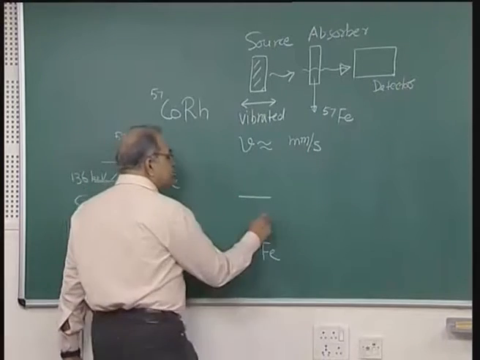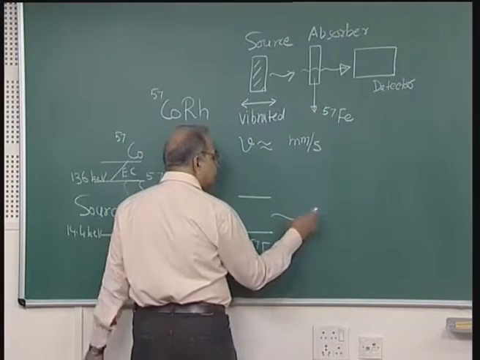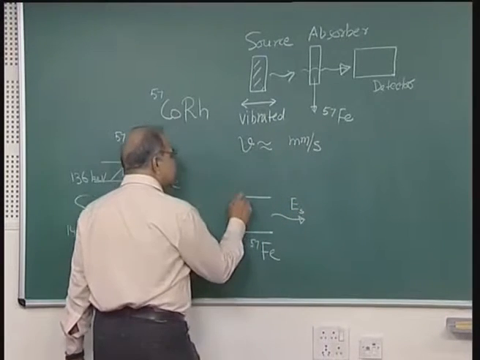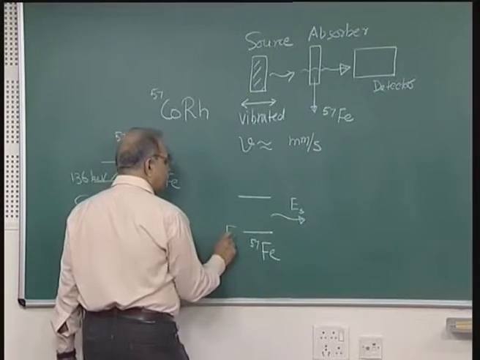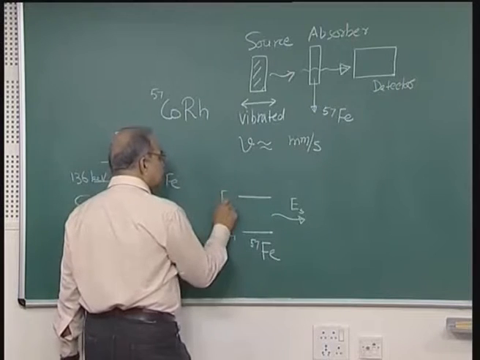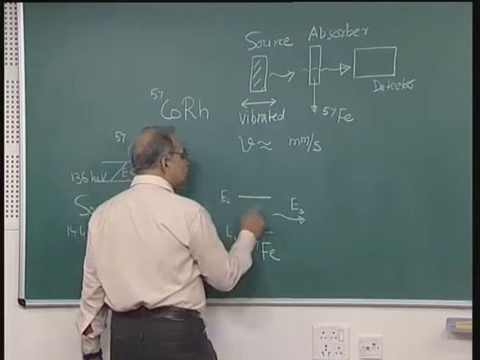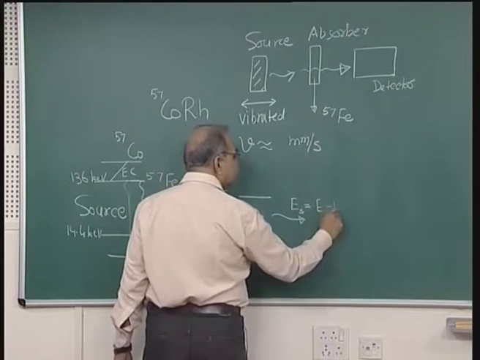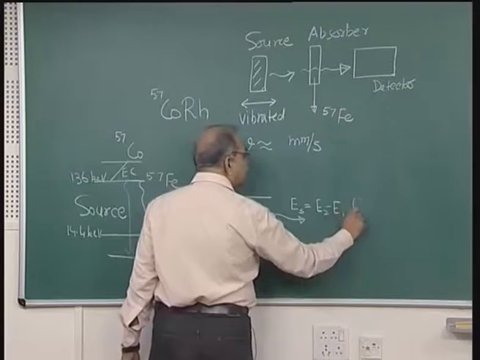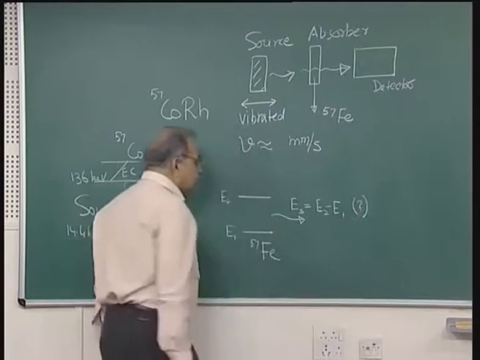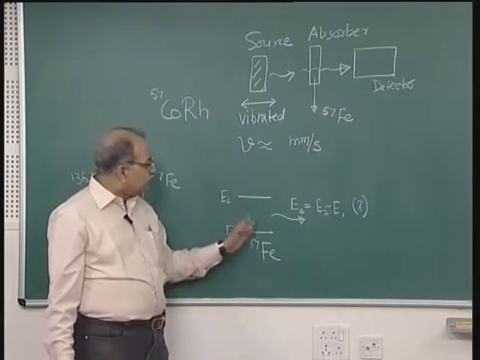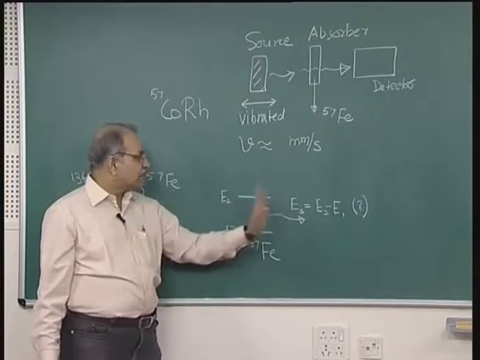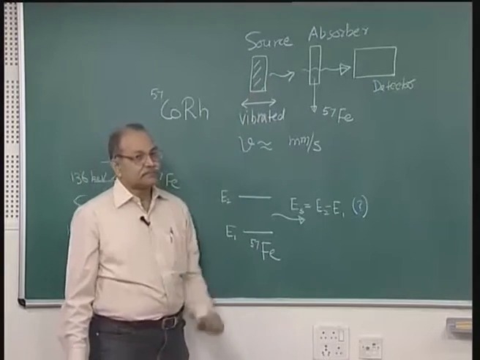So, it is giving me some kind of energies, and this energy, let us call it E s, if you call this energy E 1 and this E 2, we would think that this is E 2 minus E 1. There is a catch here, I will talk more about it later, but the gamma ray which is coming is, say, this energy E 2 minus this energy E 1. So, that is coming here.